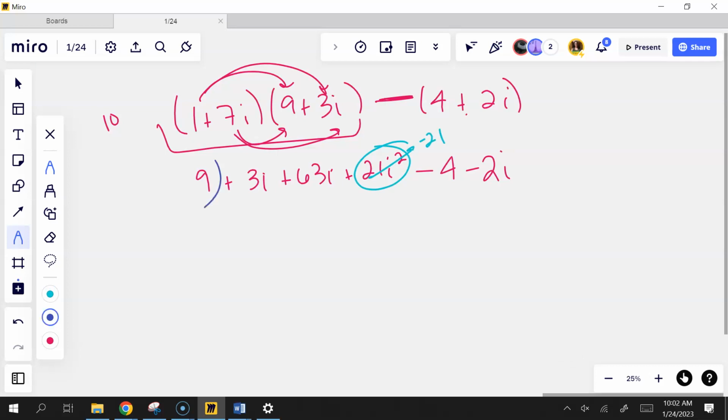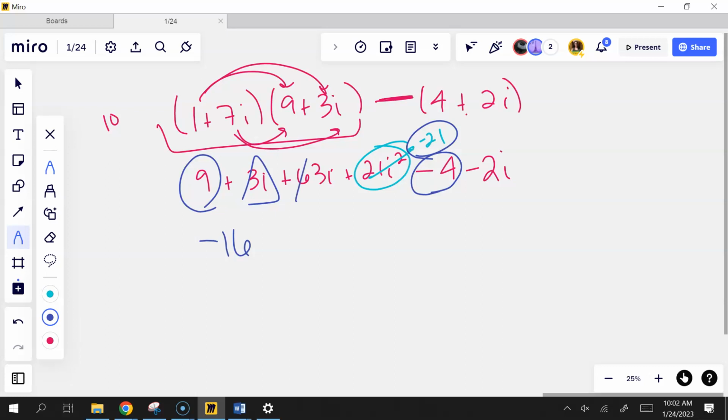Let's see, numbers: 9, negative 21, and negative 4. What does that give you? Negative 21 and negative 4 is negative 25. Negative 20. Thank you. Negative 16. There you go.